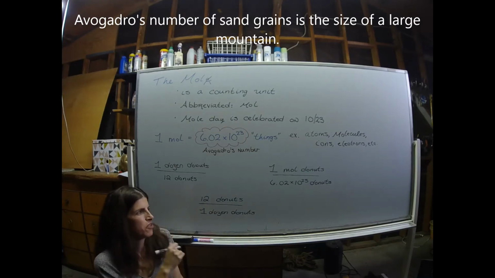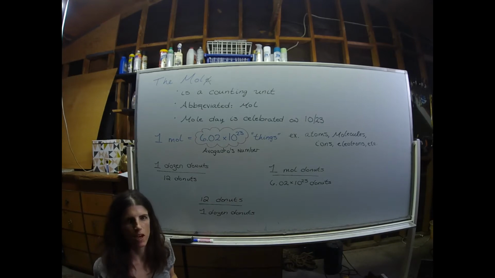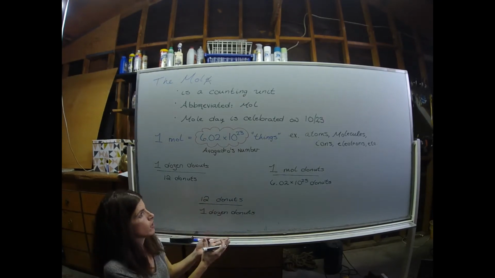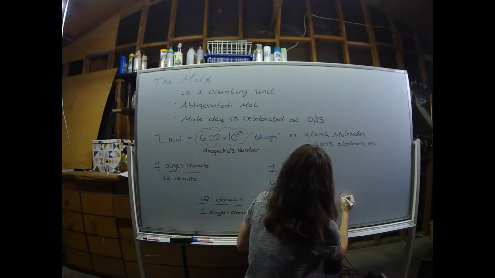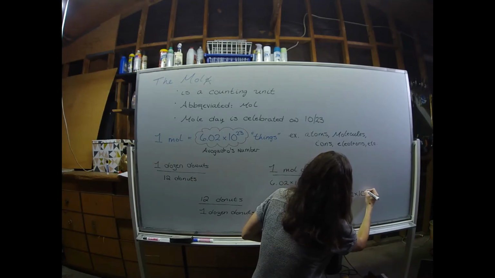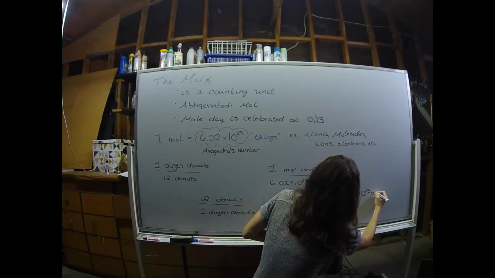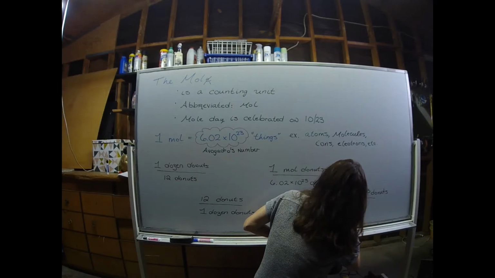So I don't think we're going to have a mole of donuts anytime soon, but just so we start wrapping our heads around the conversion factor aspect, we can flip this and say 6.02 times 10 to the 23rd donuts in 1 mole of donuts.